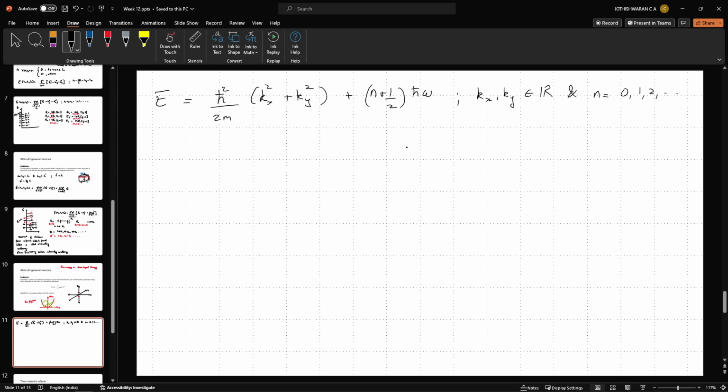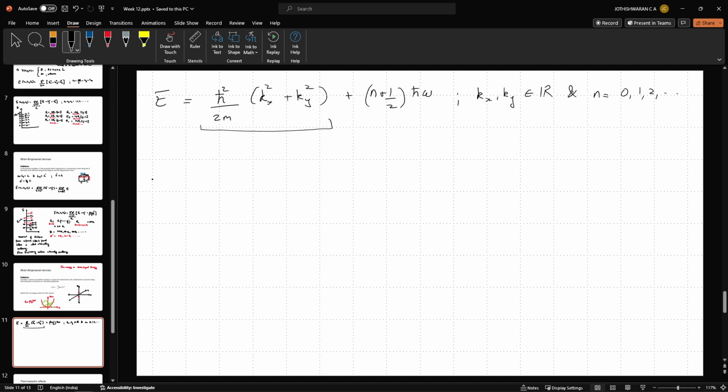So now we want to look at the isoenergy surfaces. Before we consider the effect of this, let us just look at this quantity over here.